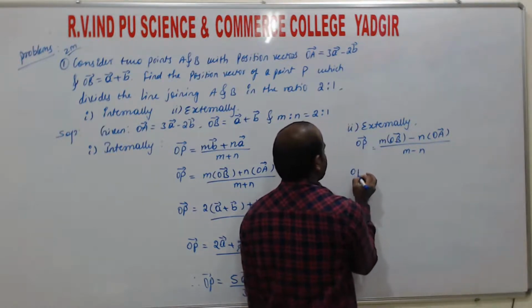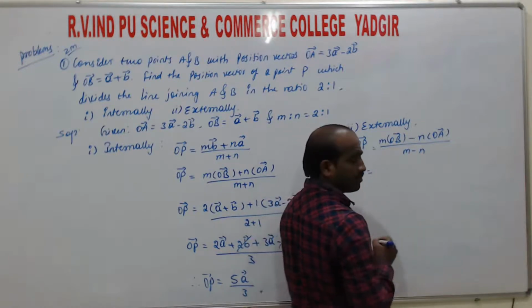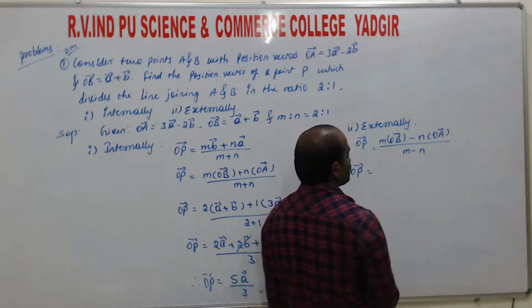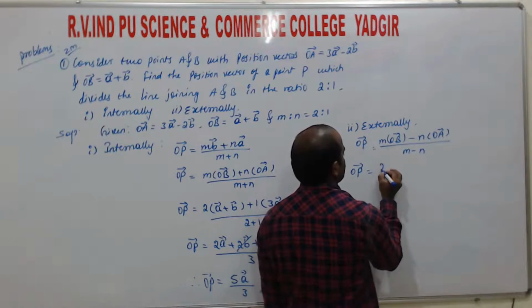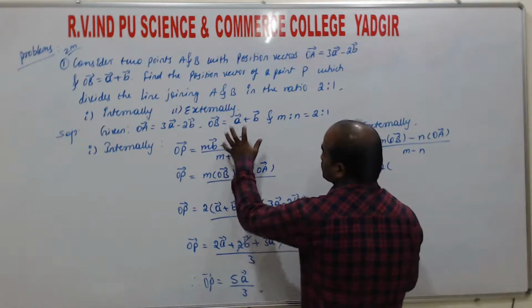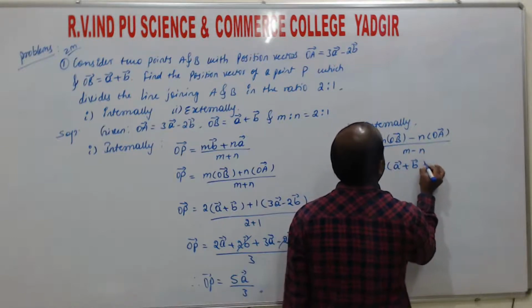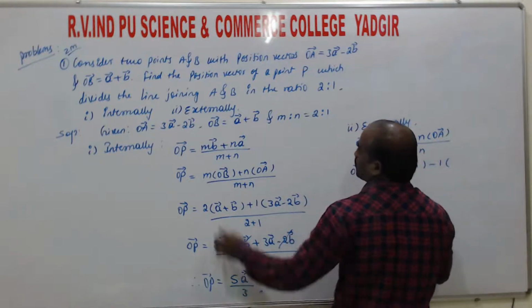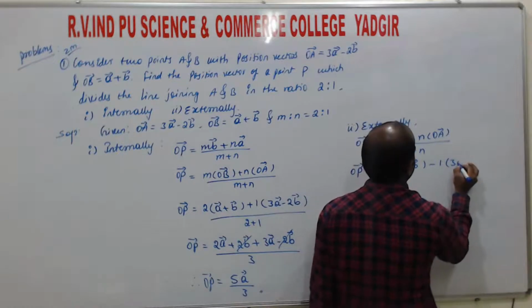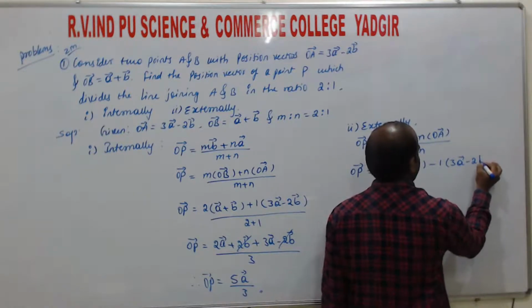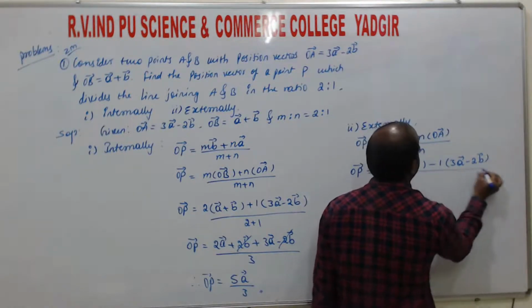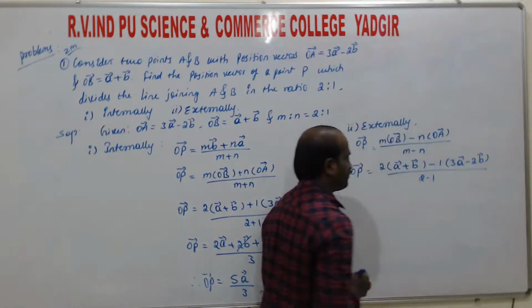OP vector is equal to m into OB, m is 2, OB vector is a plus b, minus n is 1, OA vector is 3a minus 2b, whole divided by 2 minus 1.